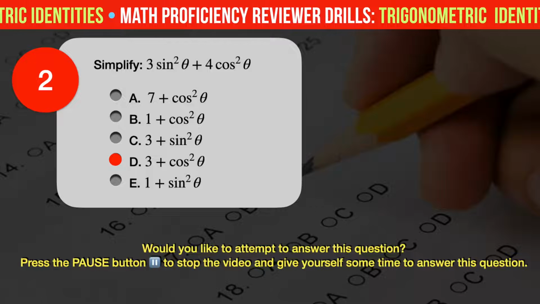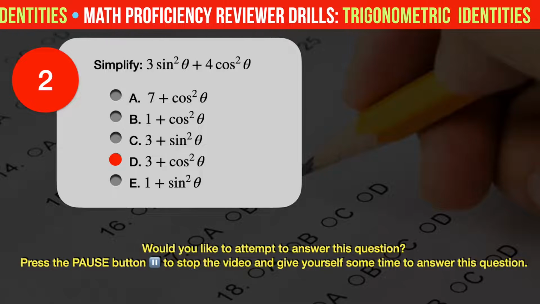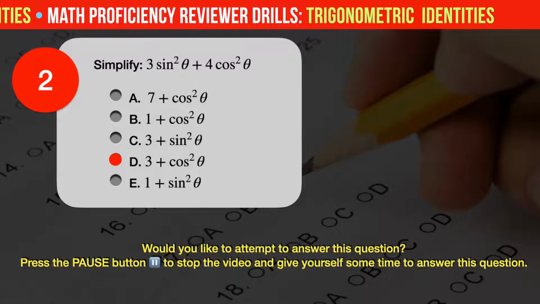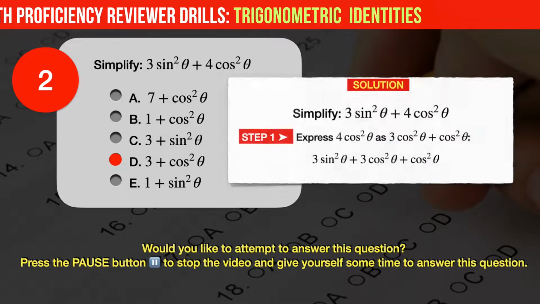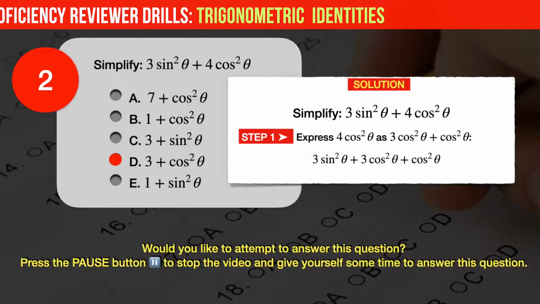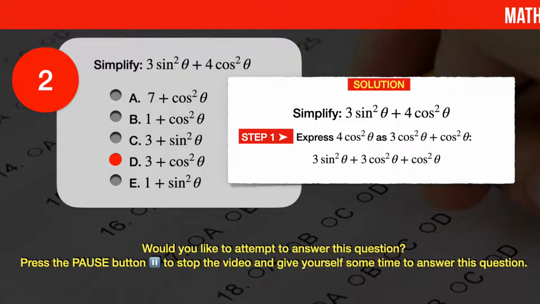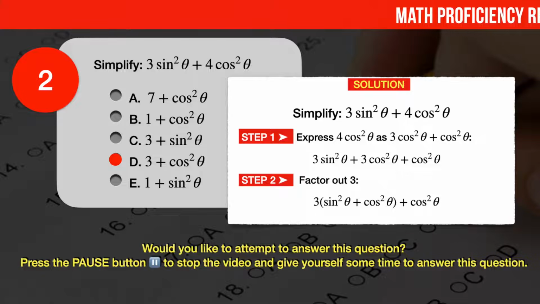This is a very simple trigonometric identity problem that requires us to recall only one trigonometric identity in order to solve it. The first step is to express 4 cosine squared theta as 3 cosine squared theta plus cosine squared theta. For step 2, we simply group the first two terms together and factor out 3, as shown.